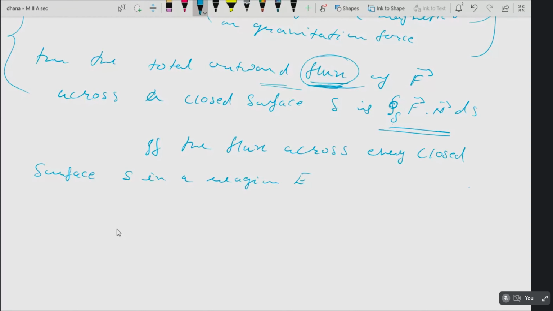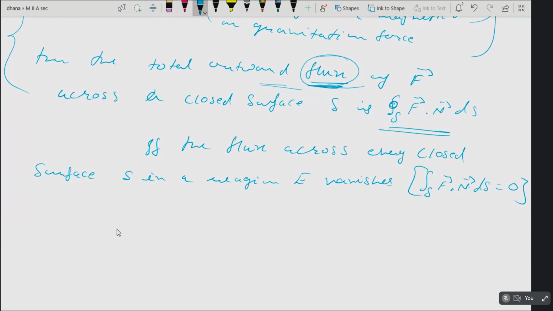Suppose any region, the flux vanishes. What does this statement mean? What will be the value of the surface integral, tell me, according to this statement? 0. That has to be 0.